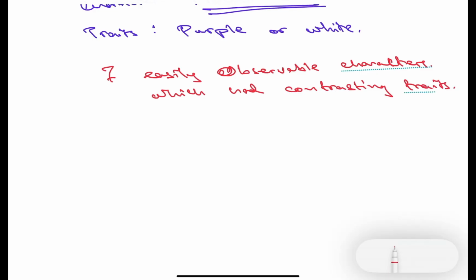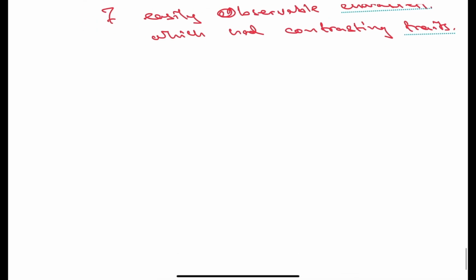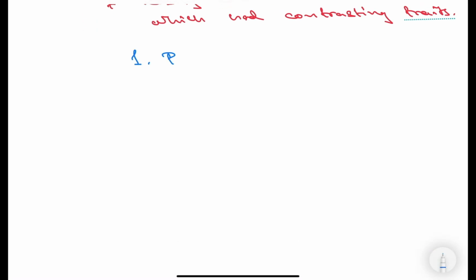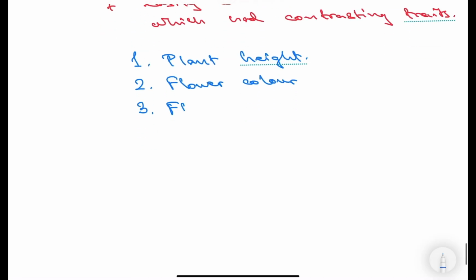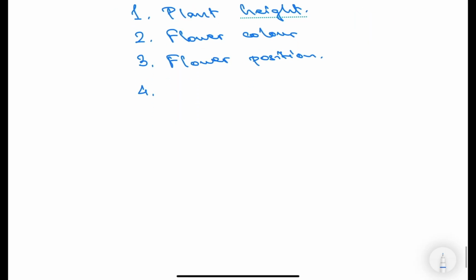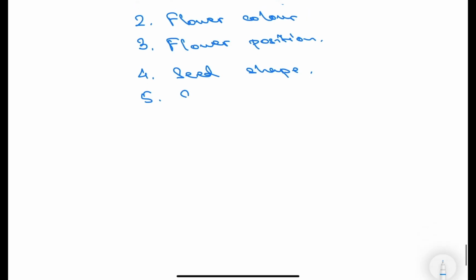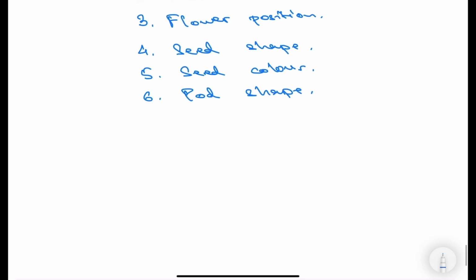The 7 characters he chose were: number 1, plant height; number 2, flower color; number 3, flower position; number 4, seed shape; number 5, seed color; number 6, pod shape; and number 7, pod color.